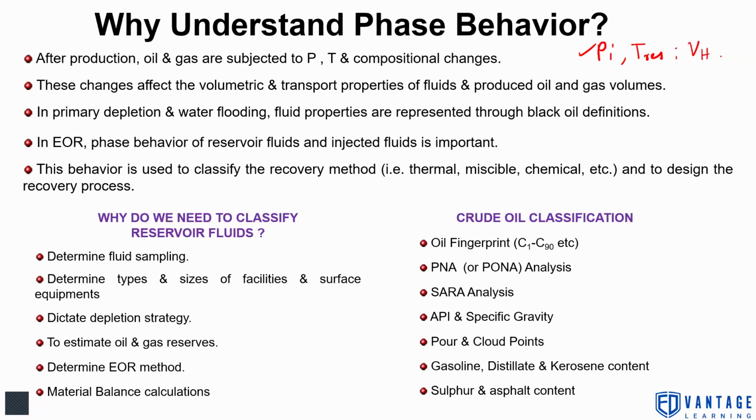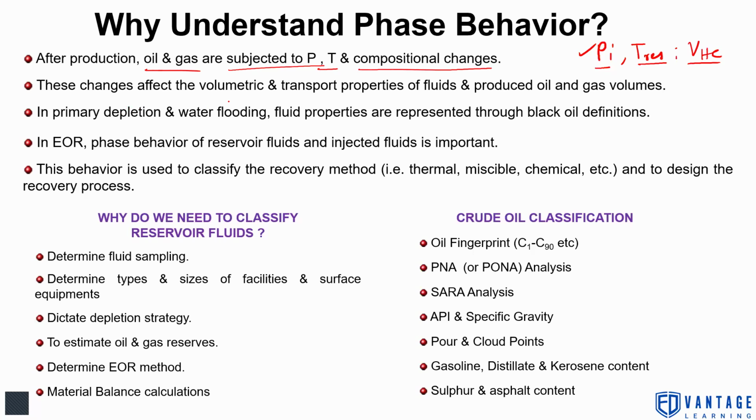So we need to understand how these three variables, pressure, volume, and temperature, vary with production as well as time. Whenever we produce, after some point of time, oil and gas are subjected to pressure, temperature, and compositional changes. So to track these three parameters, we need to understand the phase behavior of that particular hydrocarbon fluid.